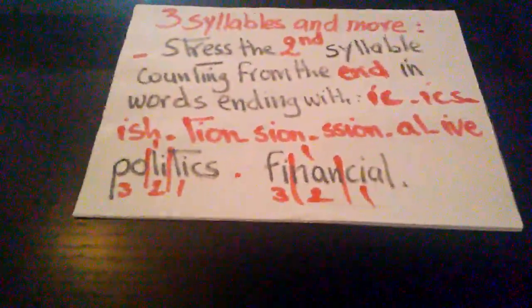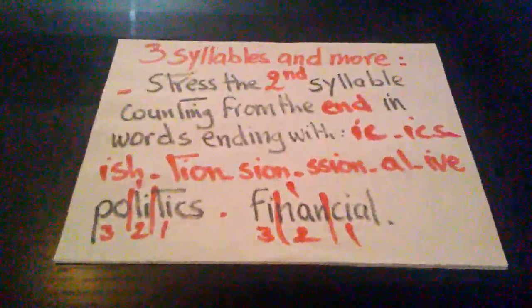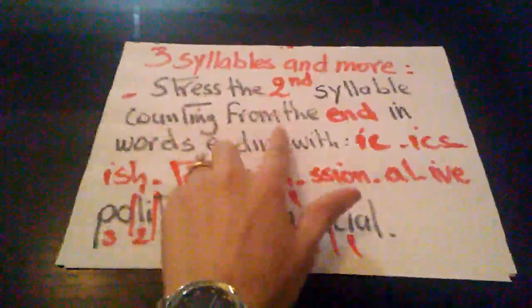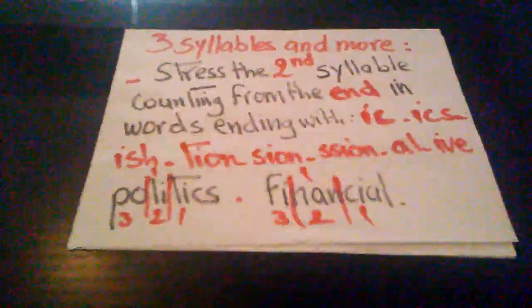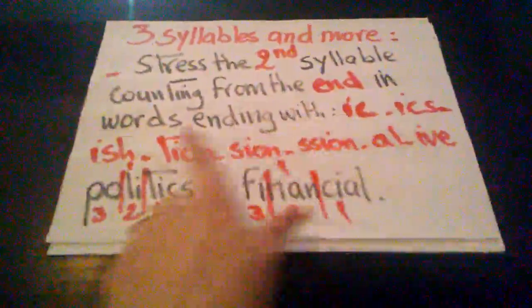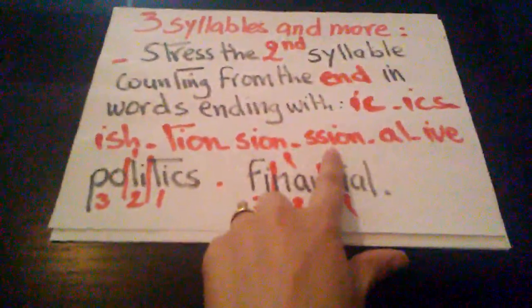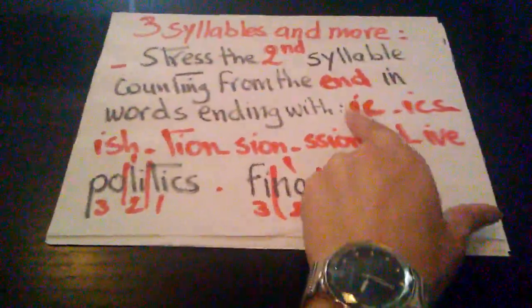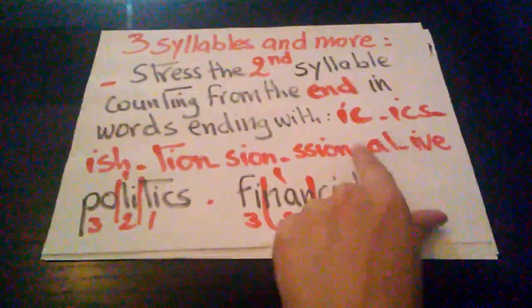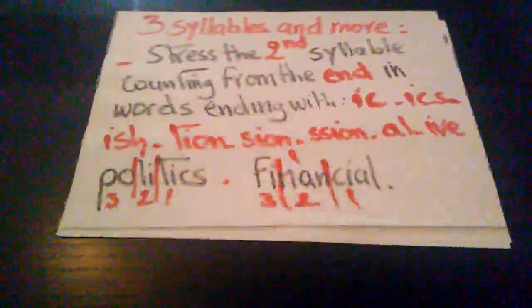The first one is we stress the second syllable counting from the end always in words ending with ic, x, ish, shin, jin, shin with a double s, if. So, if you have words ending with these, you stress the second syllable counting from the end.